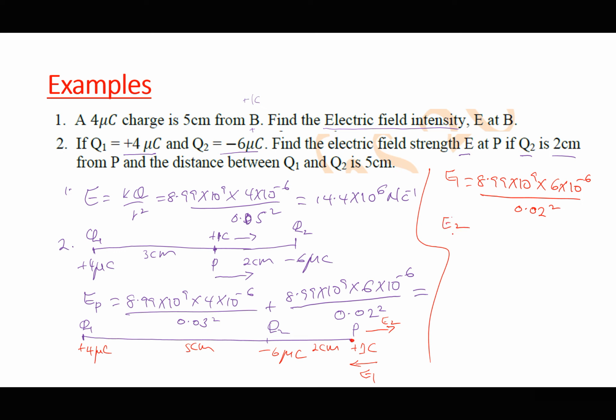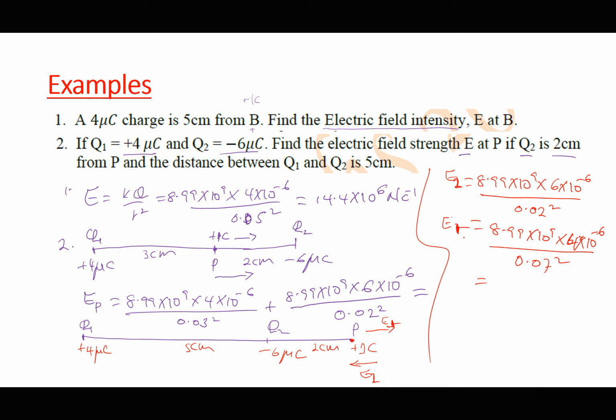Let's say Q2 causes E2, Q1 causes E1. So E1 will be 8.99 times 10 power 9 times 4 times 10 power negative 6, divided by the distance, which is now 0.07 squared.